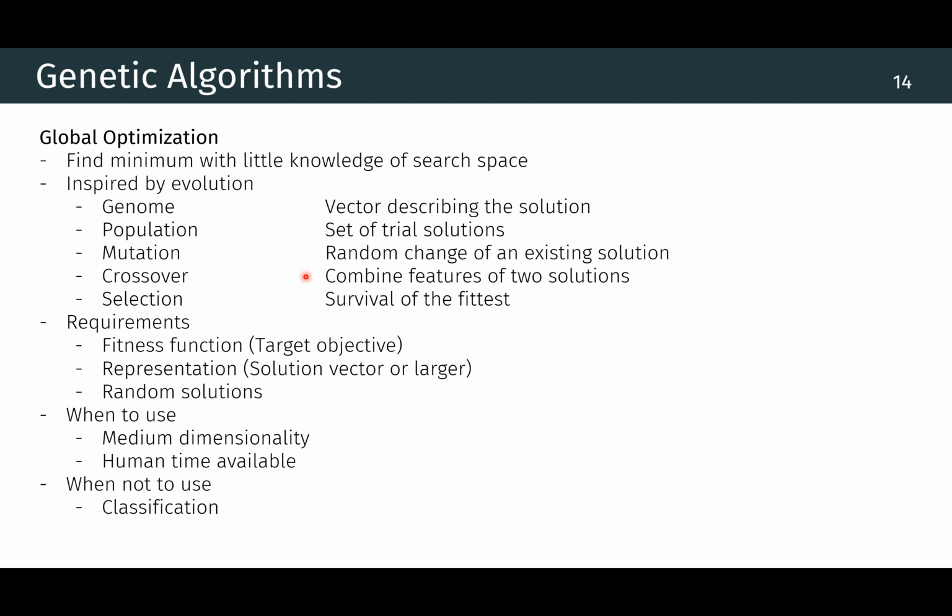Then the selection mechanism is inspired by survival of the fittest, or the fittest to adapt actually, but the comparison doesn't carry that far. It's called a fitness function, which is just your target objective.